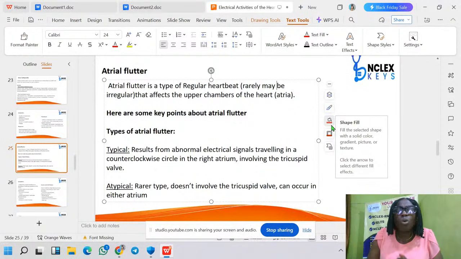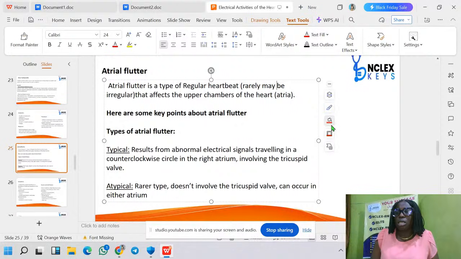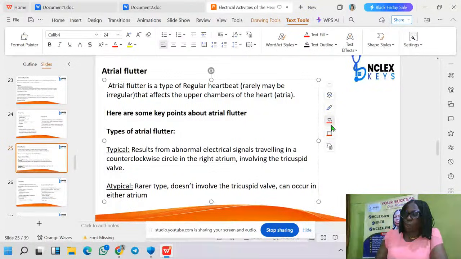Now, how would you know that in this ECG, P wave is fluttering? Remember I told you that P wave is the atria. So when they say atrial flutter, it means P wave is fluttering.